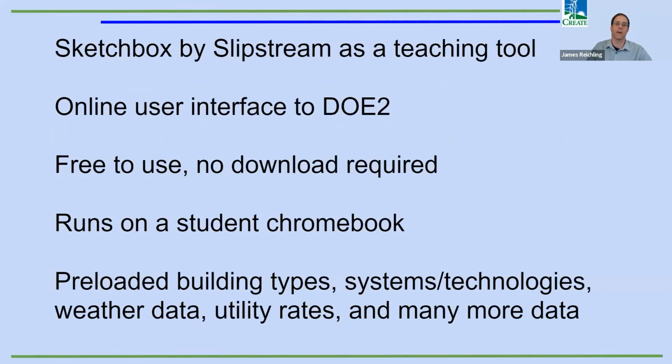Slipstream has actually created Sketchbox, and Sketchbox is a web interface that works with DOE2. Slipstream is not separate from DOE2. DOE2 is running in the background, but Sketchbox is a web interface that passes input information to DOE2 so that DOE2 can run the model and then provide results back to the web interface.